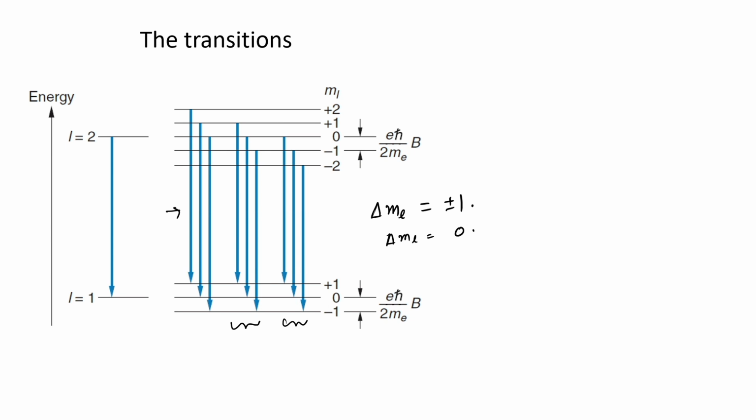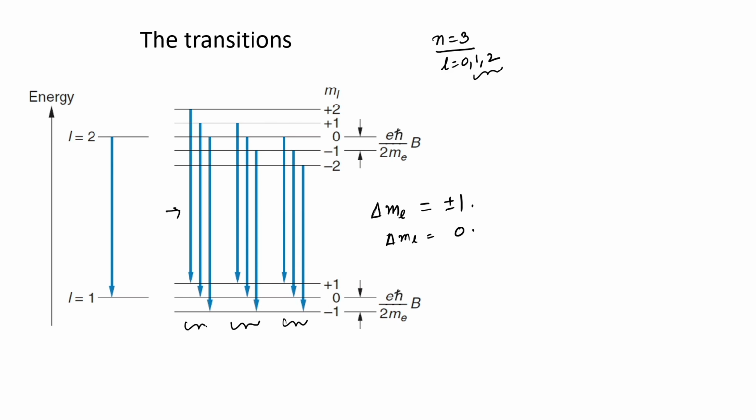So, if you do an experiment involving the L equal to 2 and L equal to 1 states, suppose you talk about n equal to 3, that is a principal quantum number equal to 3, then the L values that are allowed are 0, 1 and 2, and you are now looking at the transitions that could take place between these L equal to 1 and L equal to 2, which will have all these 9 transitions that are possible.